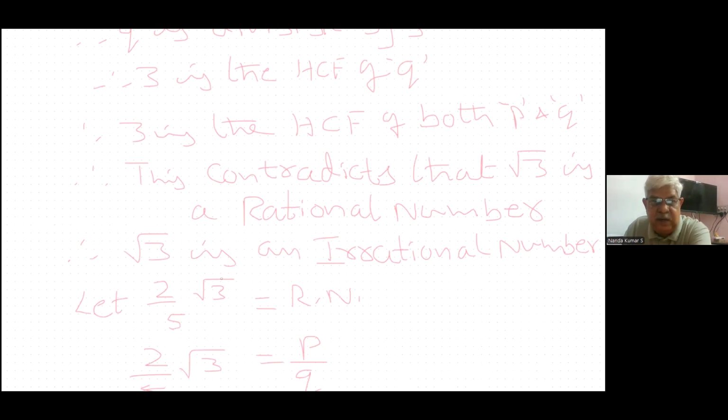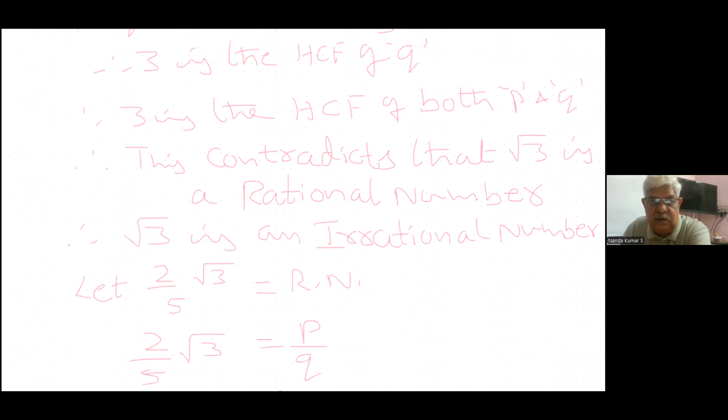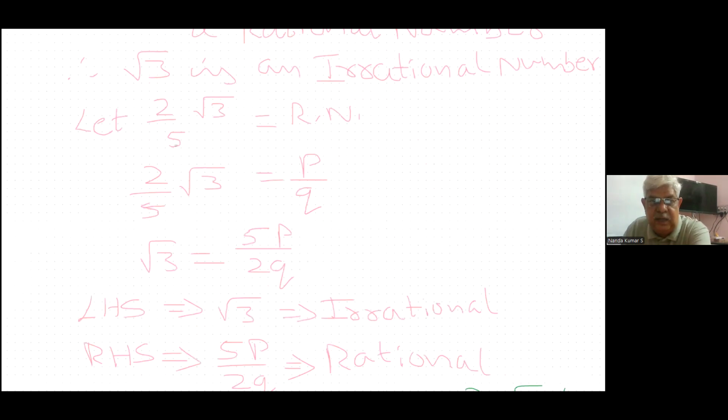Then, the second part is we have to prove 2 by 5 into root 3 is an irrational number. First, I considered it as a rational number written in the form p by q. 2 by 5 is shifted to the right hand side, so it is written as 5 by 2.